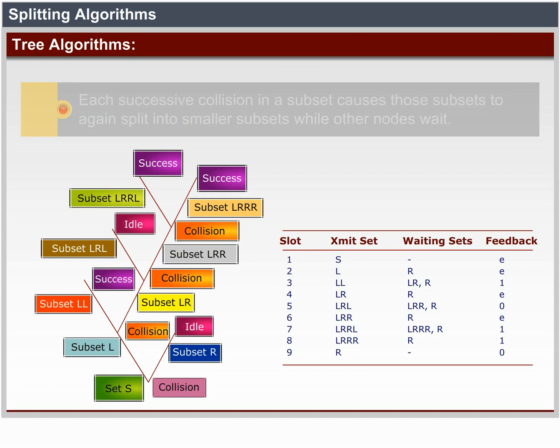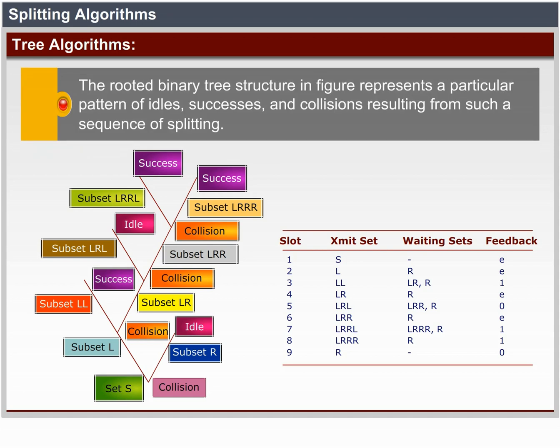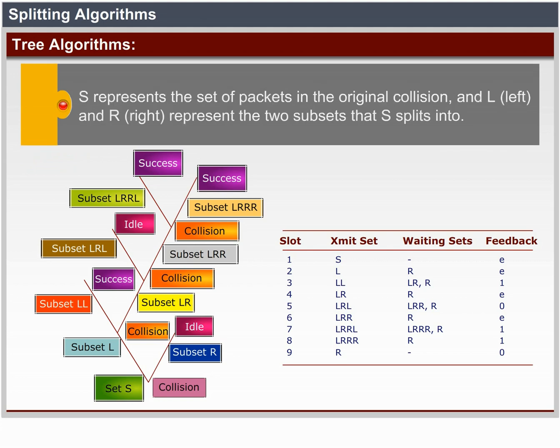The rooted binary tree structure in the figure represents a particular pattern of idles, successes, and collisions resulting from such a sequence of splittings. S represents the set of packets in the original collision, and L (left) and R (right) represent the two subsets that S splits into.